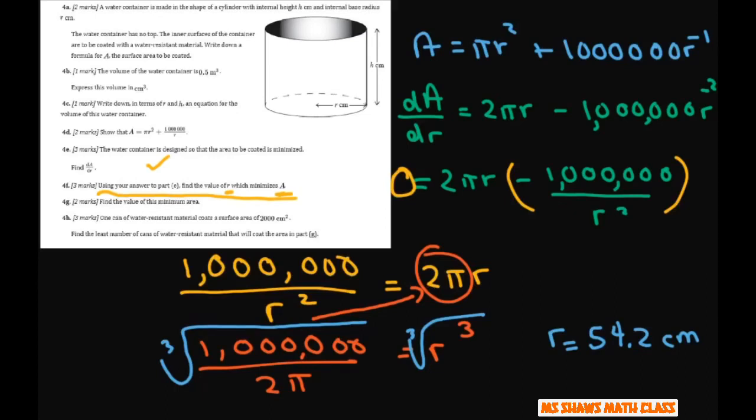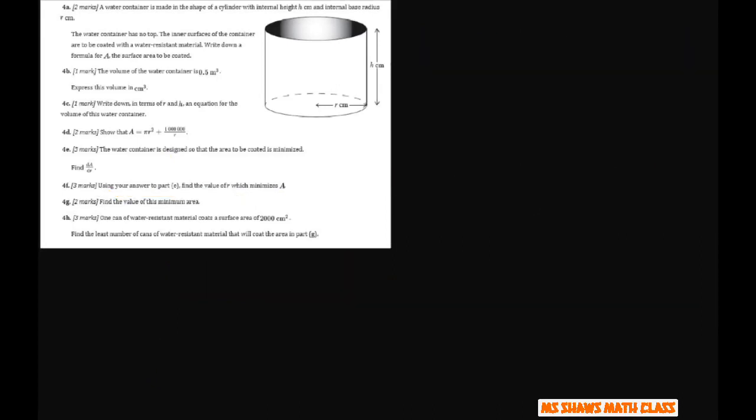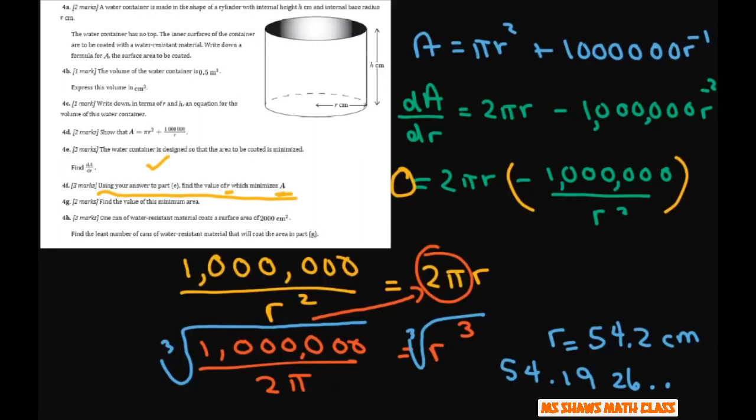Or you can write that as, for IB, 54.1926... All right, so that's for G.